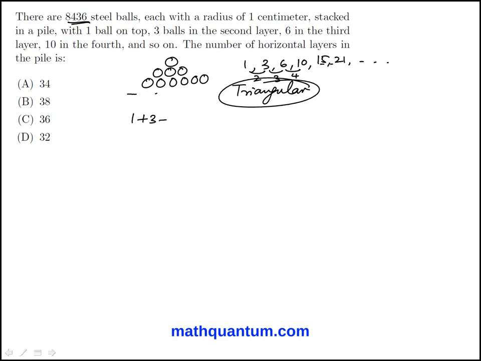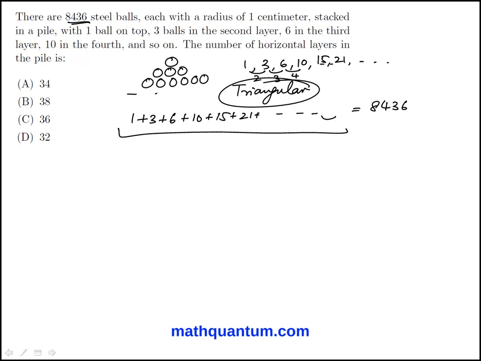So essentially what we're looking for is this summation, and whatever the nth layer would be, meaning how many of these layers there are, that needs to add up to 8,436. So the key thing is, how do we find what the nth term here is?